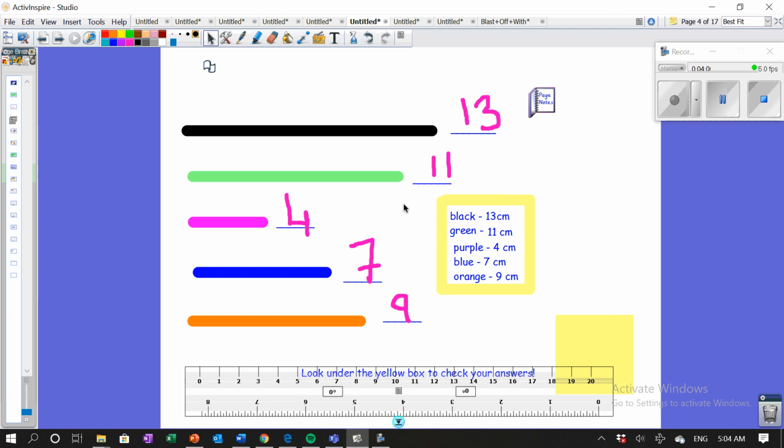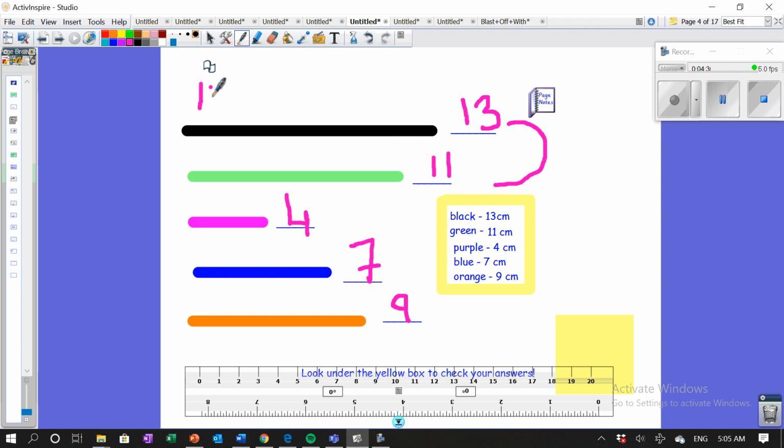Perfect. So now let's make the comparing between two measurements. For example, I want to see the difference between 13 and 11. What will I see? Yes, which is longer. So if I'm asking you how many centimeter shorter the green is than the black, you have to find the difference.